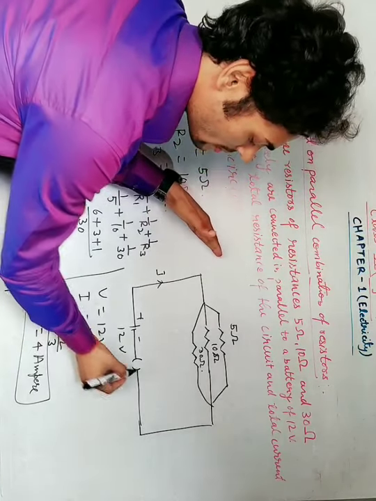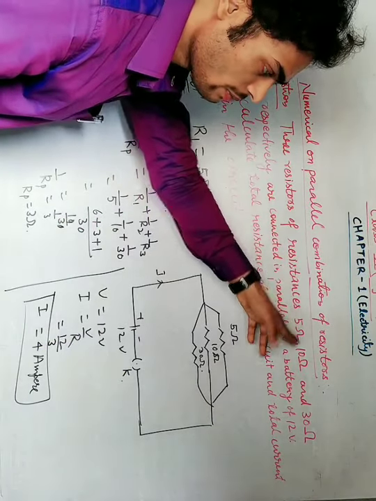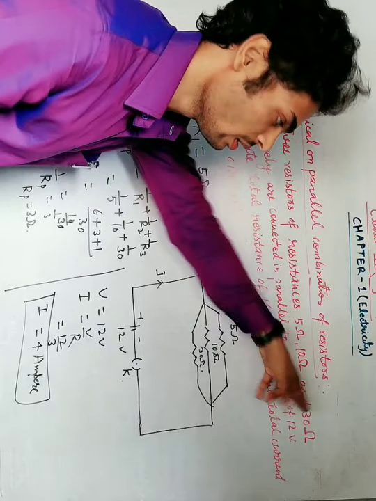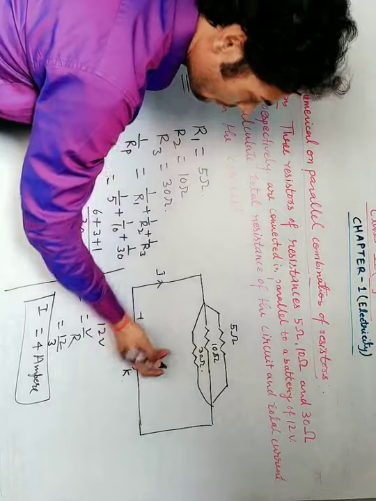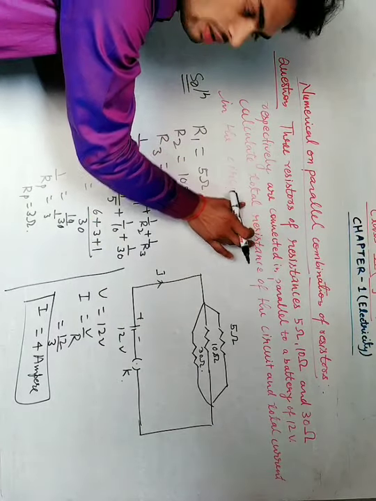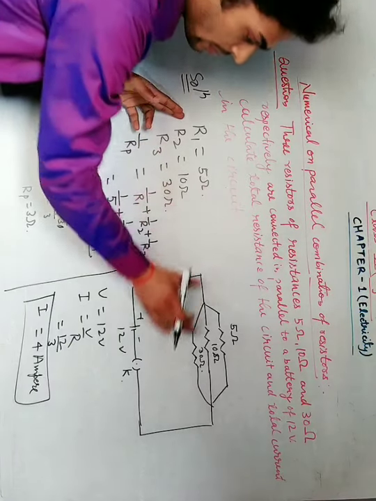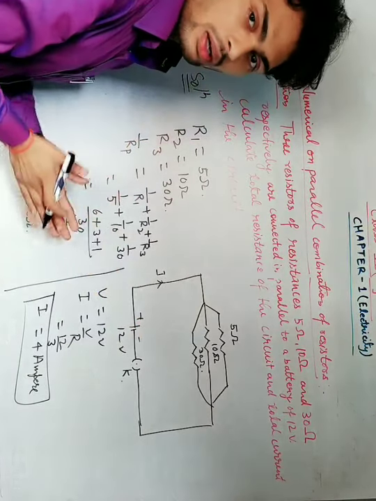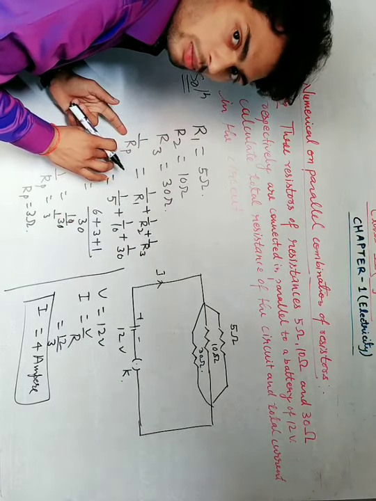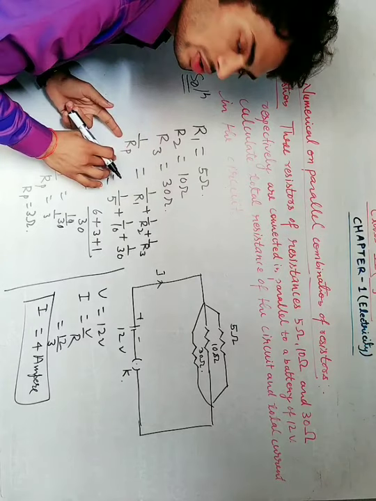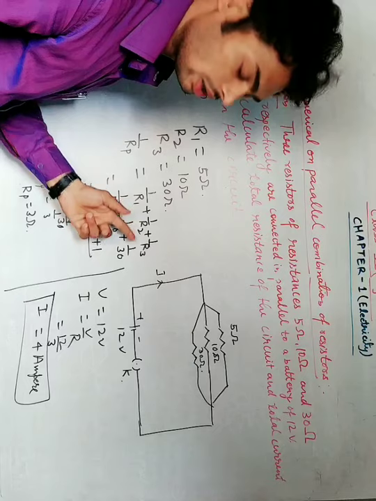I repeat this numerical again. Three resistors of resistances 5 ohm, 10 ohm and 30 ohm respectively are connected in parallel to a battery of 12 volt. Calculate the total resistance of the circuit and the total current in the circuit. We know the formula of parallel combination of resistors: 1 by Rp equal 1 by R1 plus 1 by R2 plus 1 by R3.